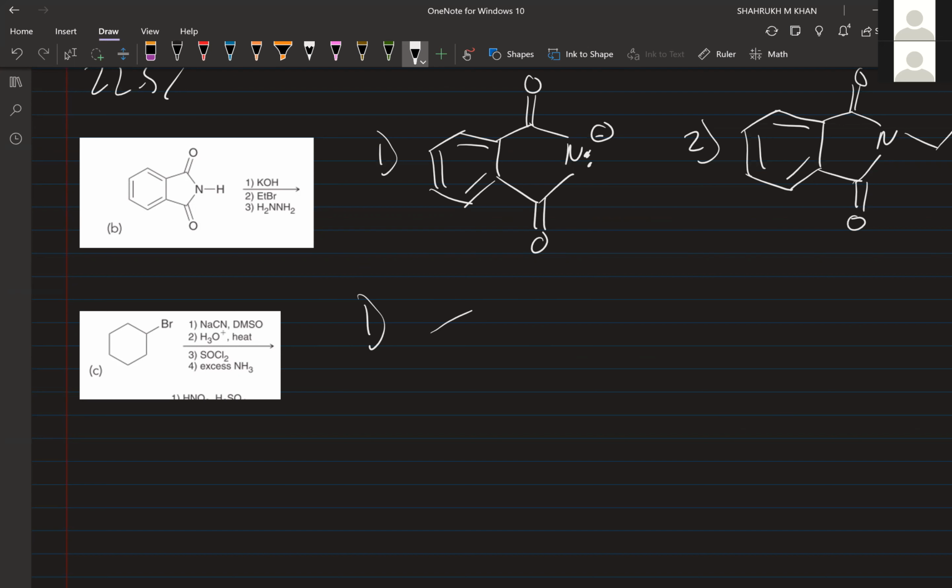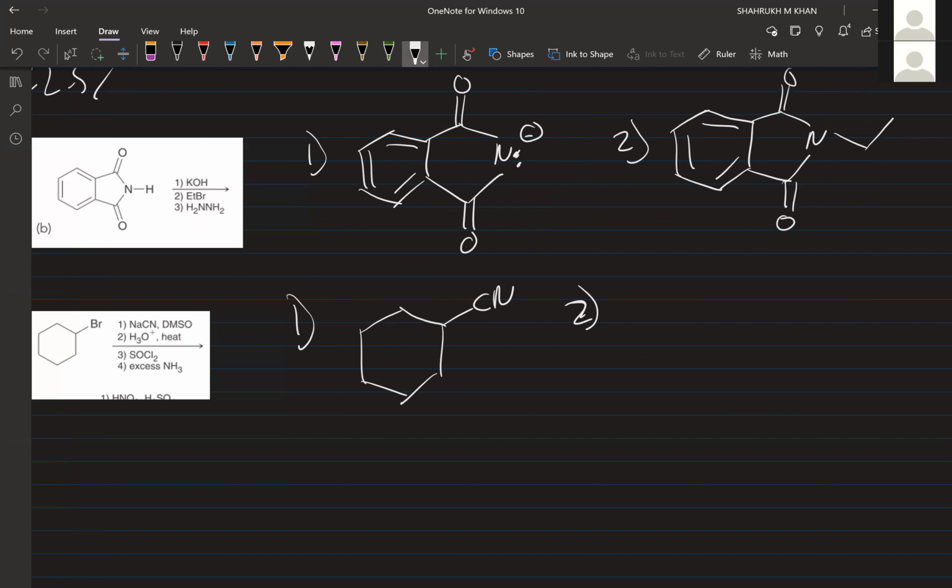So the simple first step is literally just replacing bromine with your CN. That's it. Second step, someone mentioned before, is the nitrile. Maybe I'll draw out the triple bond here. And we are hydrolyzing it with heat.